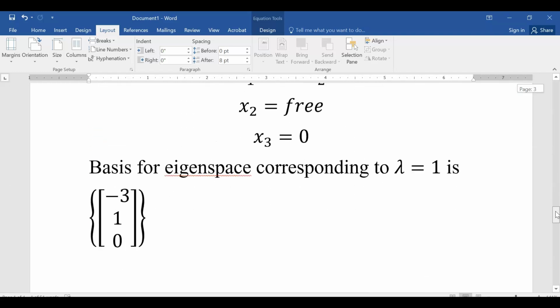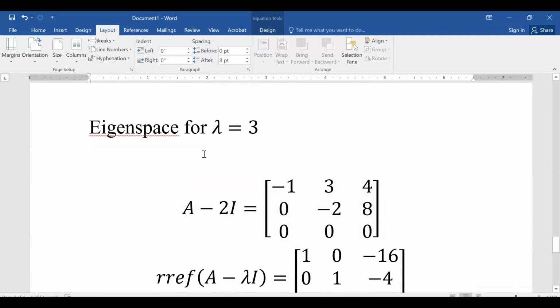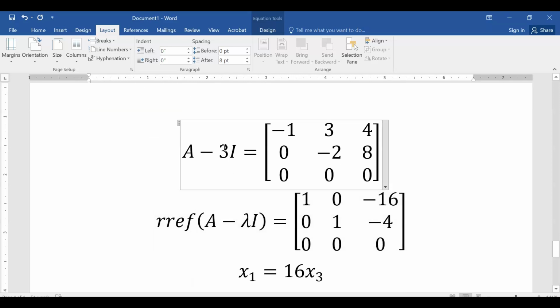All right, so let's do the last eigenvalue, the eigenvalue of 3. Let's find a basis for the eigenspace where the eigenvalue is 3. So just like before, we take A minus 3 times our identity. When I do that, I get negative 1, negative 2, and 0 as the diagonal entries. I'm looking for the null space of this matrix.